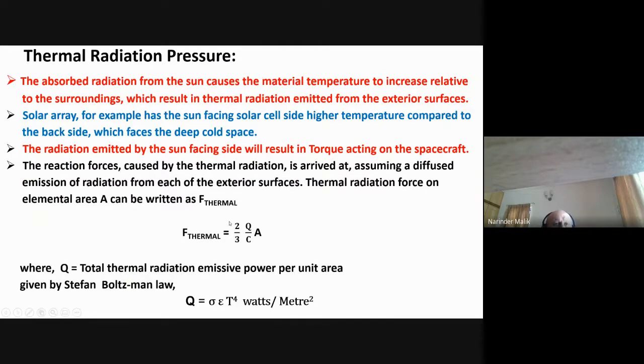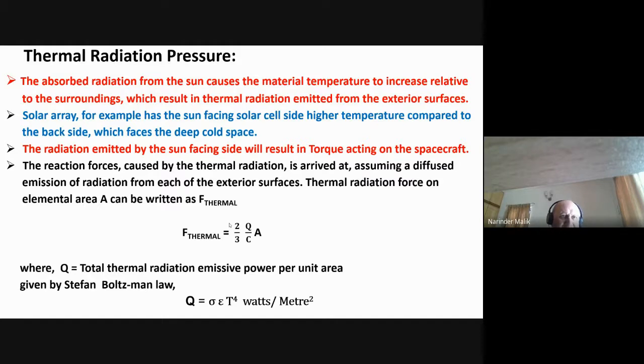Then there is another type of torque, the thermal radiation pressure torque. Absorbed radiation from the sun causes the material temperature to increase relative to the surroundings. Sunlight is falling on this solar array. I'll give you a simple example: the side looking at the sun will be hot, and the back side is looking at space.